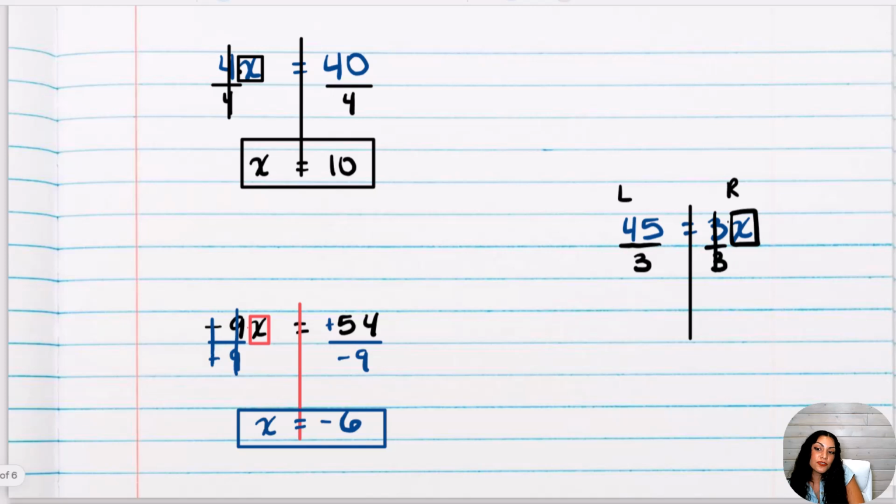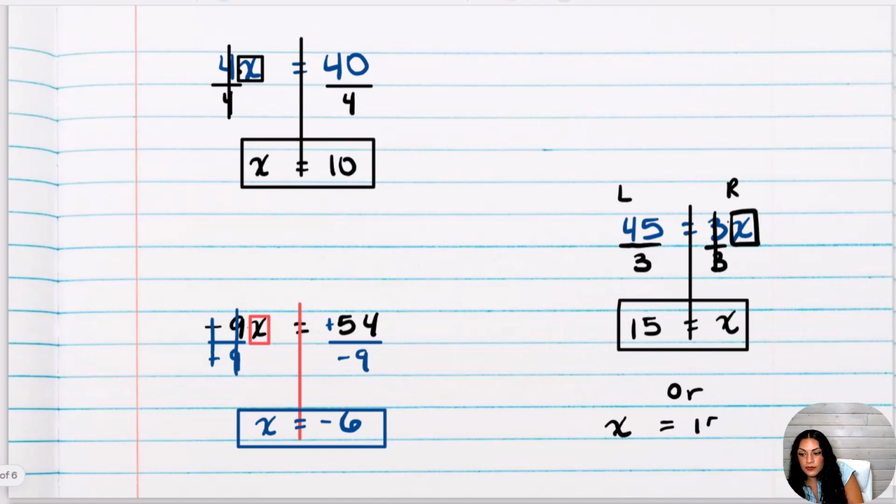So this time we do 45 divided by 3, which leaves us with 15 equals 1x, but we just write x. So 15 equals x, or x equals 15, right? This can always be written as x equals 15 in the end. That is the same thing.